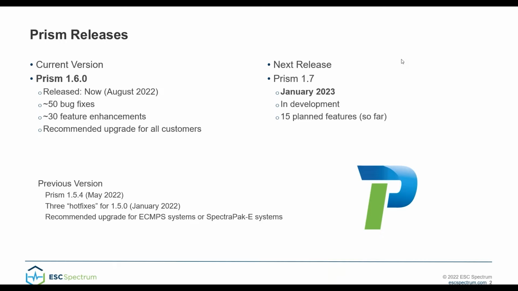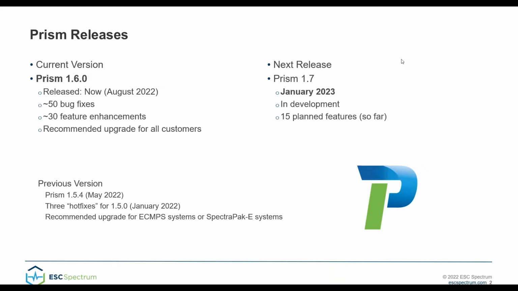To give you a little background, the previous version before this one is Prism 1.5.4, which was released in May of this year. The actual 1.5.0 was released in January, and there have been a few hot fixes applied to that, resulting in 1.5.4 in May.